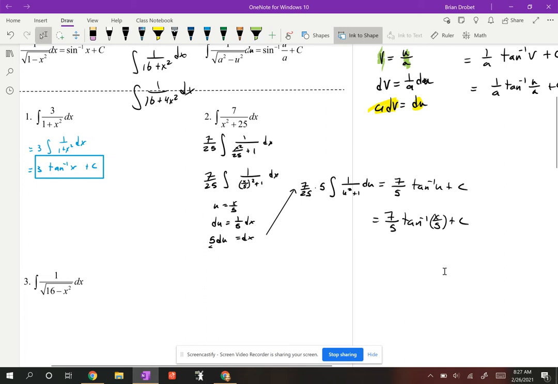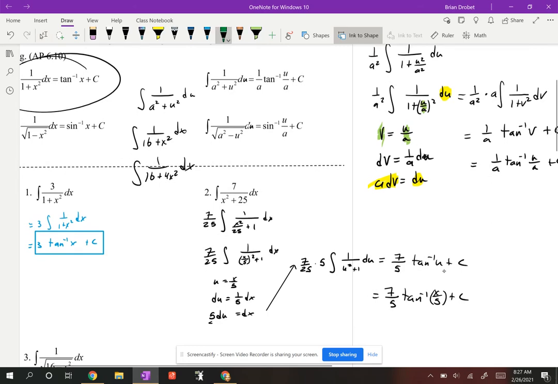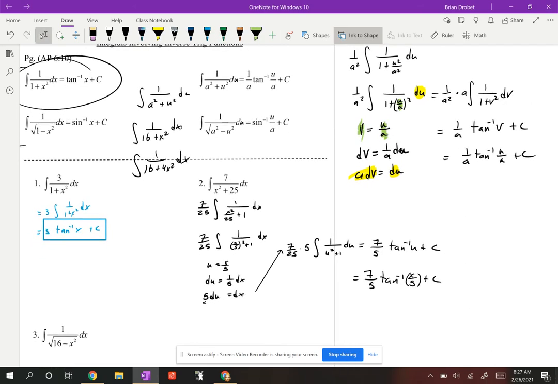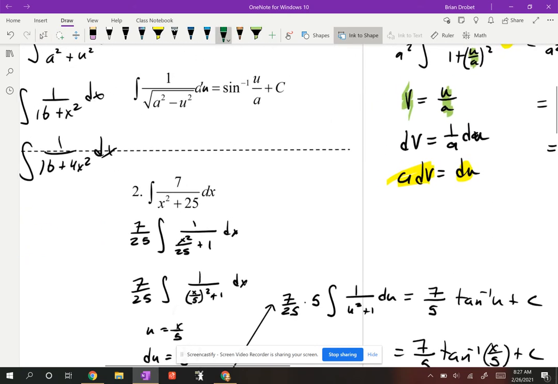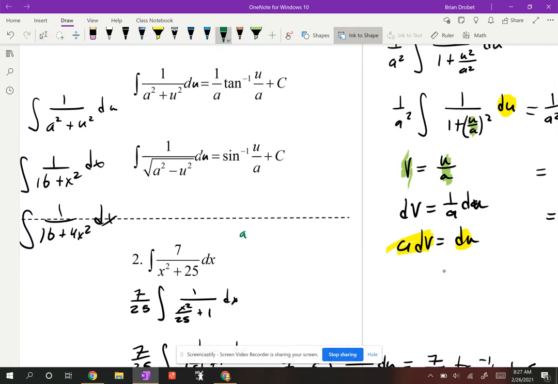All right, now had I just used the formula up above, which I could have done, what I would have done is I would have said, okay, in this instance, my a is 5 because that's a squared. My u is x, right?